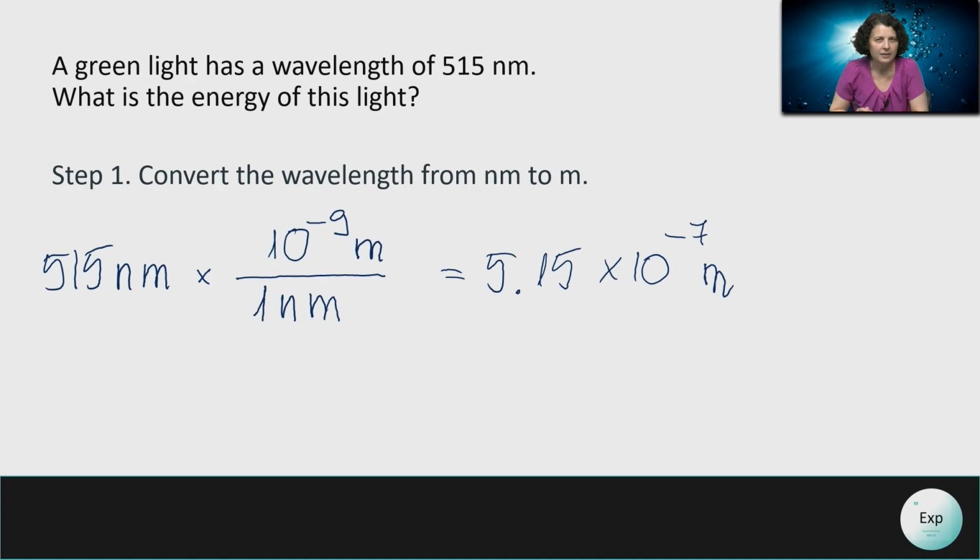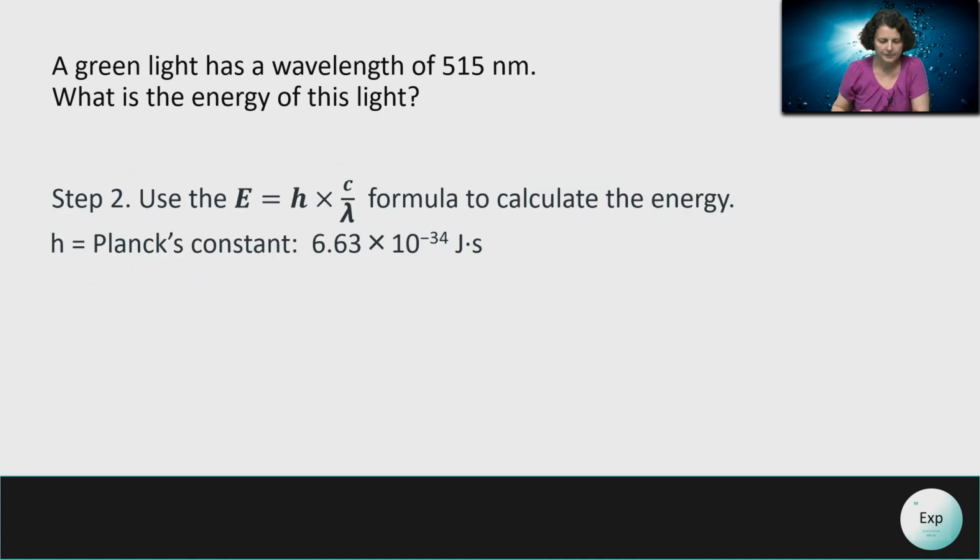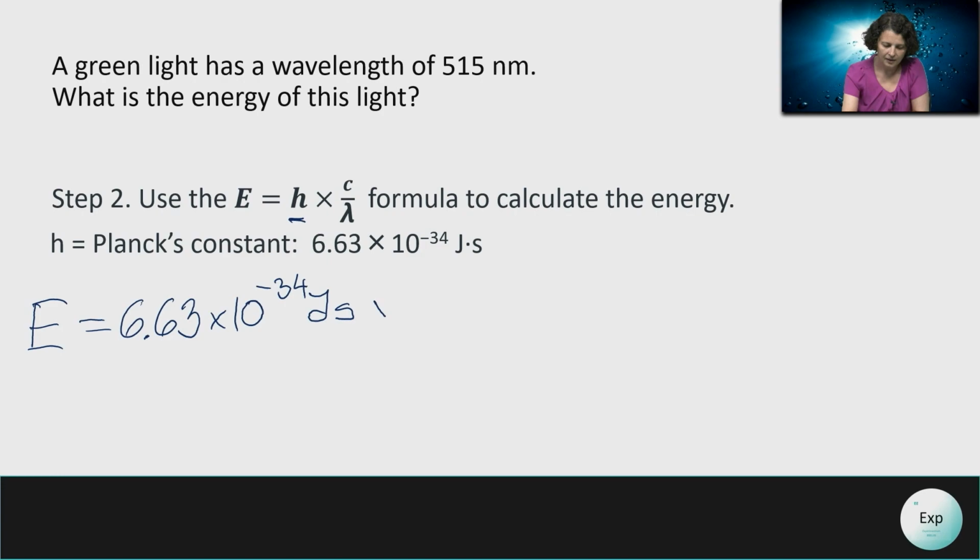Once we have our wavelength expressed in meters, it is ready to move on to Planck's law, as it is revised and rewritten to include, instead of frequency, the wavelength value. Here we have it. Everything is known but the energy that we need to calculate. So the energy will be equal to Planck's constant, which is h, and has a value of 6.63 times 10 to the negative 34th joules second. Then we multiply this by the speed of light, which is 3.00 times 10 to the 8th meters per second.